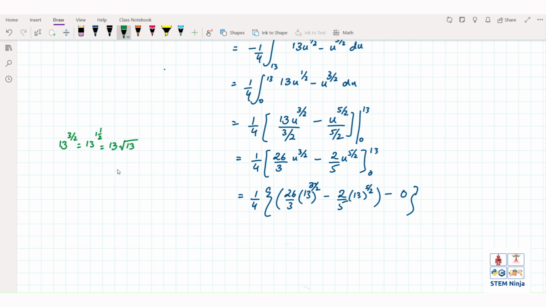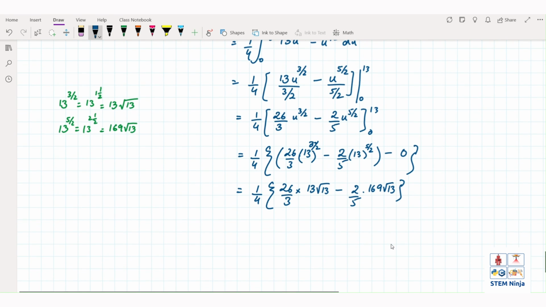Similarly, 5 over 2 is 2 plus 1 over 2, so 13 squared, 169 root 13. So we get 1 over 4 times 26 over 3 times 13 root 13, minus 2 over 5 times 169 root 13.